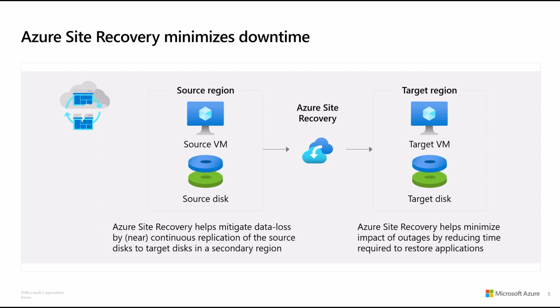ASR ensures that a copy of the source disk is maintained in the target region by performing continuous replication and maintains snapshots that ensure a low RPO. At failover, new virtual machines can be created and replicated target disks can be simply attached to these virtual machines, ensuring faster restoration of services.